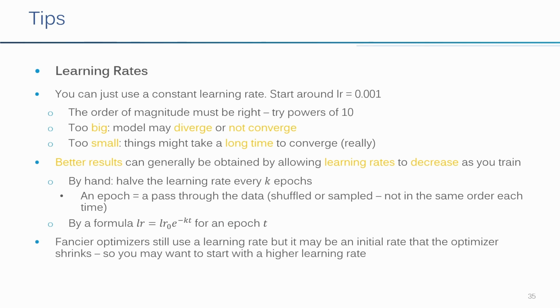learning rates. On top of how much you should change, how fast you change. And then on learning rates, you can use a constant one. In this case, usually, by the way, the magnitude of how fast you do this is in powers of 10. You can start with a specific value and stick with that throughout the entire training.